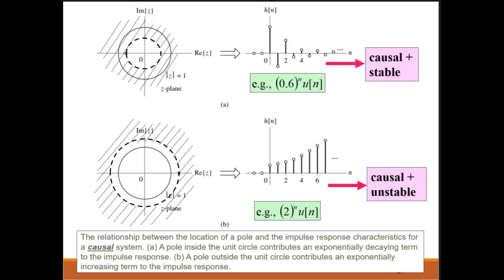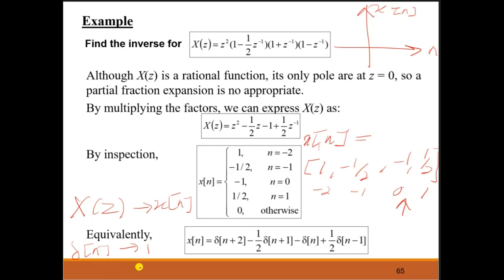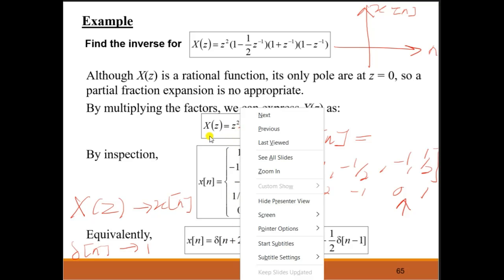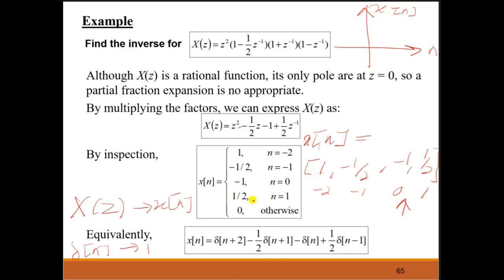Alright. So here we look at this. So delta[n] equals 1, so x[n] becomes X(z). Okay, so that is the table. We look at the earlier table. So here you see delta[n], this 1 earlier. So for delta[n], we look at its delay. Its delay is negative 2, so delta[n+2].